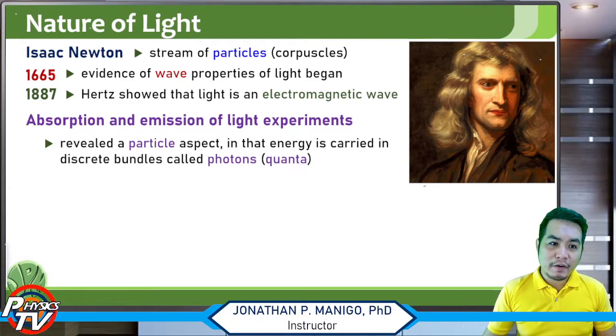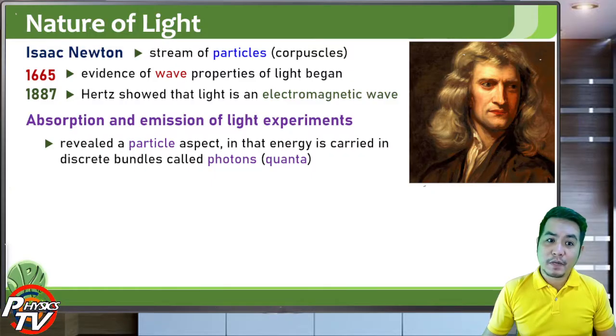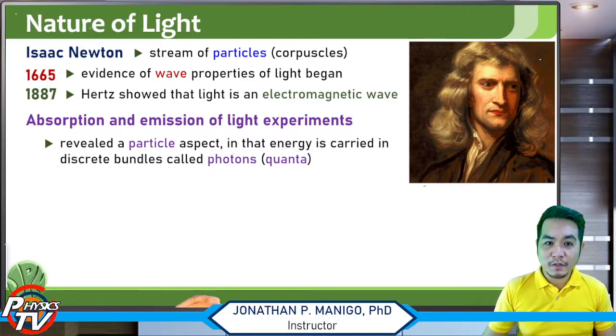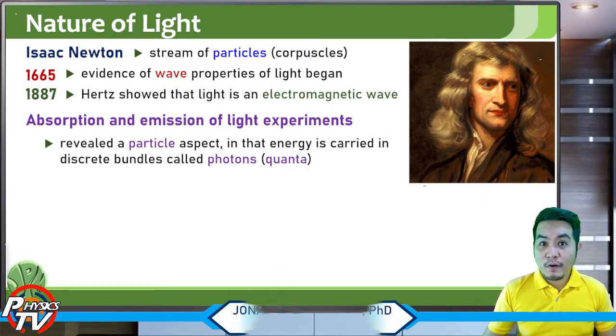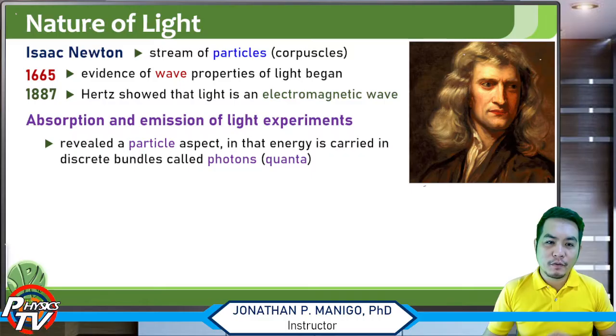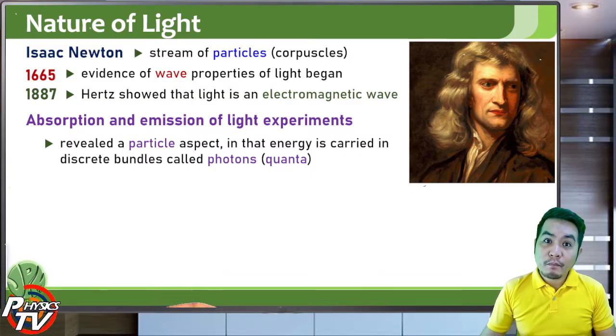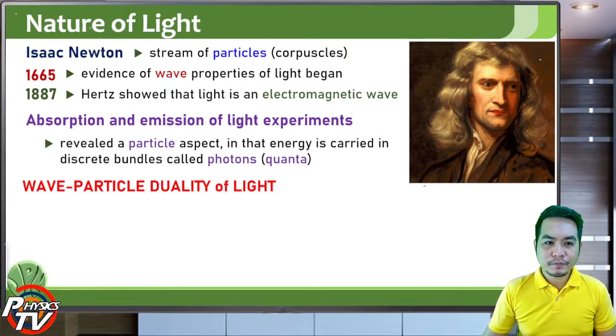The energy carried by this particle is in discrete bundles, and this bundle or quanta is what we call a photon. So basically, you can describe light as a particle in terms of photons, one bundle of energy. And you can tell that that's one particle of light, a photon.